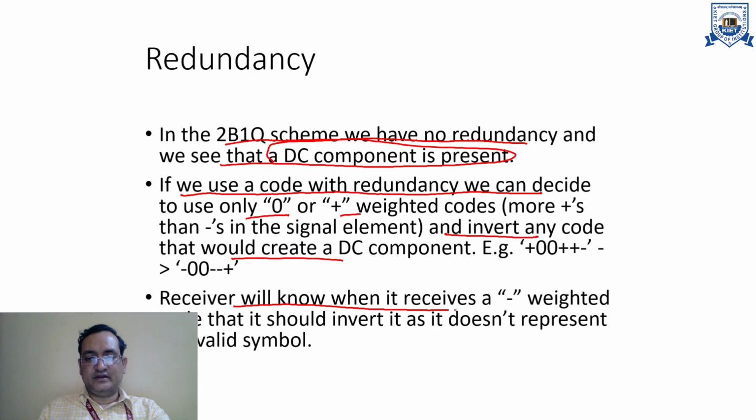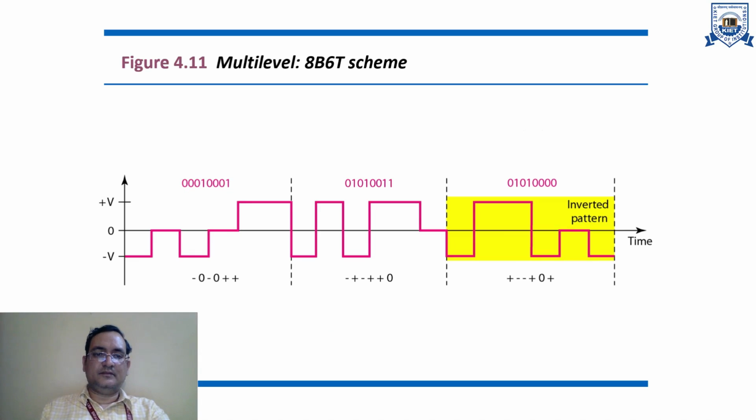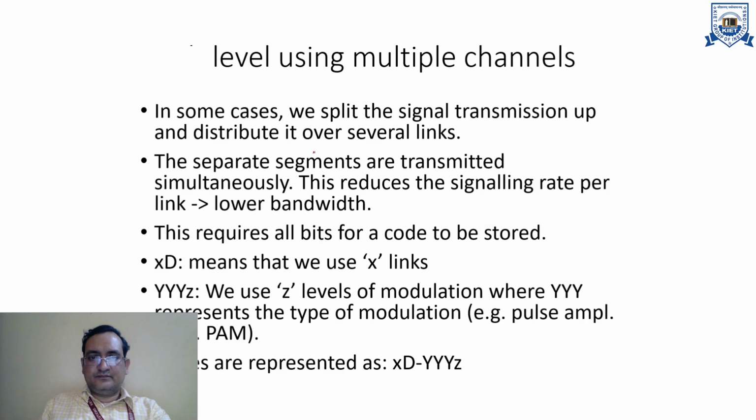The receiver will know when it receives a negative weighted value that it should be inverted, as it does not represent any valid symbol. This is the multi-level 8B6T scheme presentation.